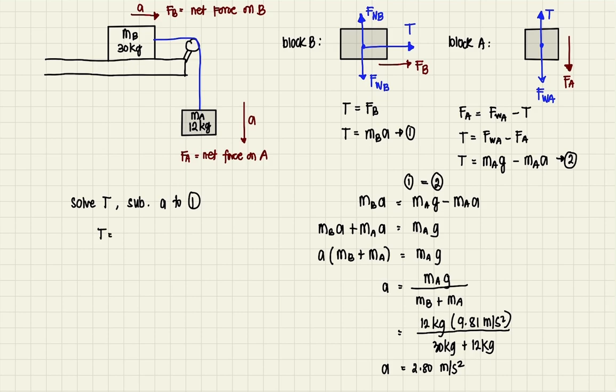So T is equal to M_B a. The mass of B is 30 kilograms times the acceleration of 2.80 meters per second squared. So the tension in the string is equal to 84.09 newtons. If you substitute in the second equation, you're still going to get the same answer.